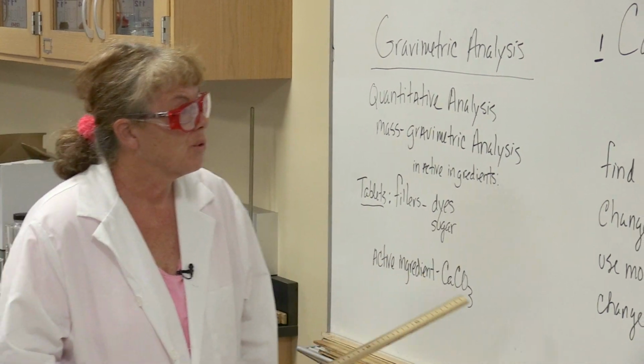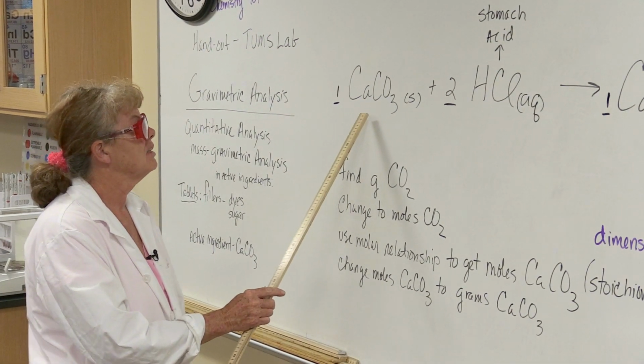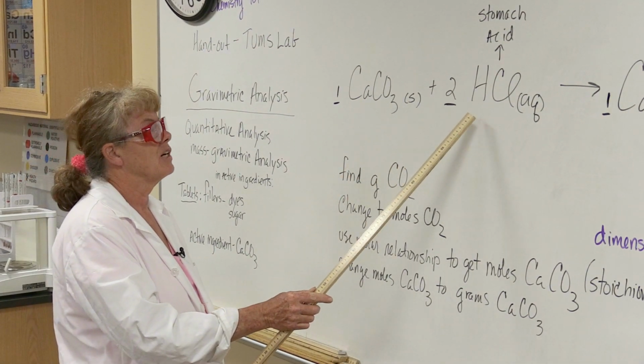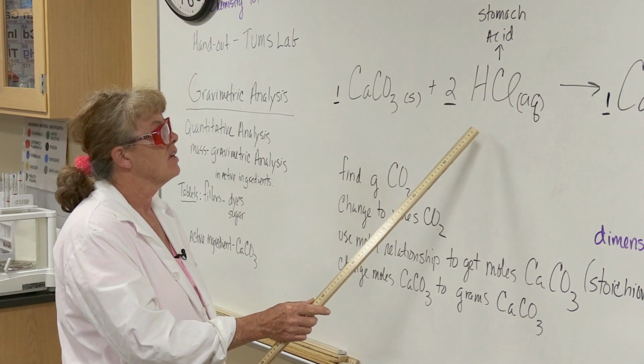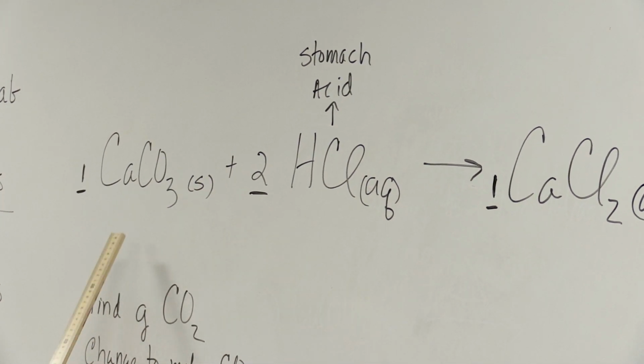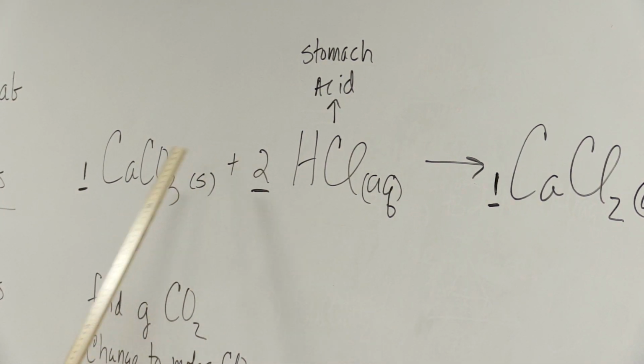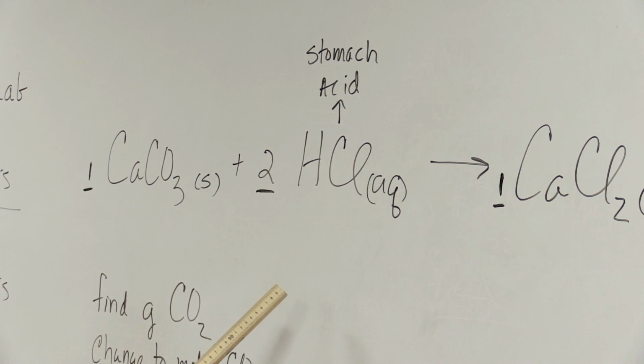The reaction that we're going to do is we're going to take the calcium carbonate tablet and add some hydrochloric acid. Similar to the hydrochloric acid that's in your stomach, the reason you take the Tums is to relieve a stomach ache. Same type of reaction occurs in your stomach.